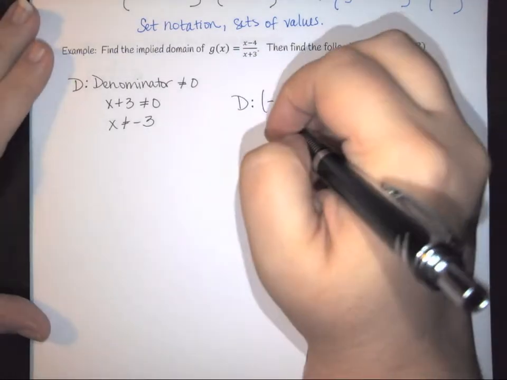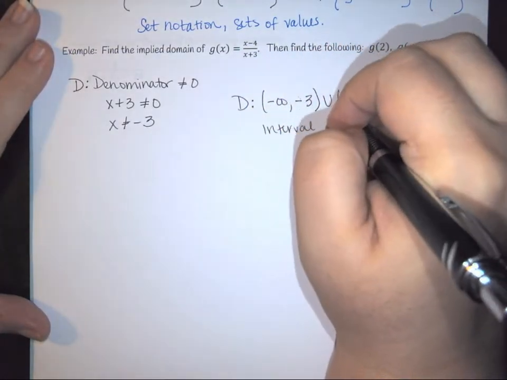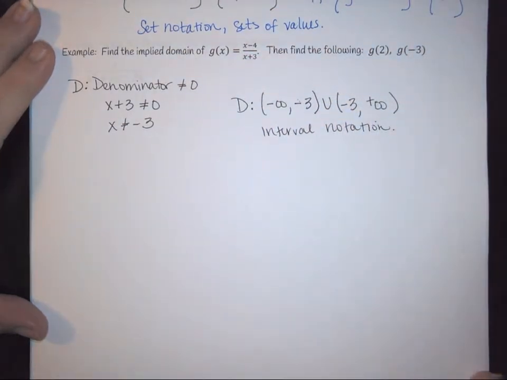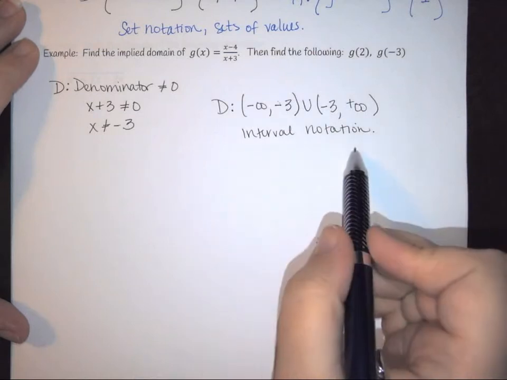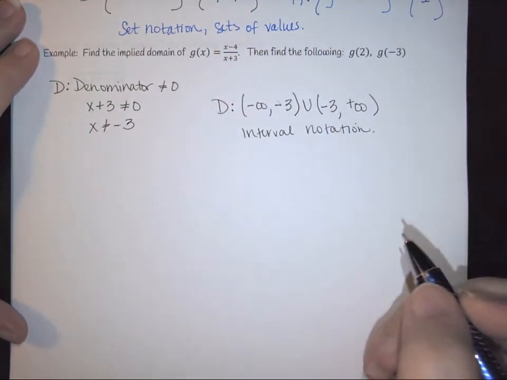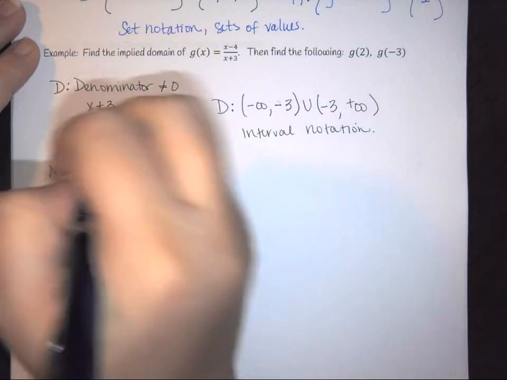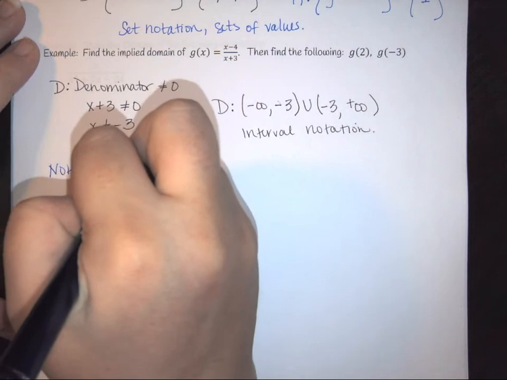So this is called interval notation. Now there is one other form of notation that you could use, but usually interval notation is the preferred or what is expected. But as a side note here, you could use what's called set notation.